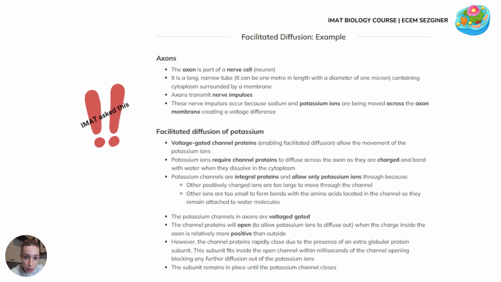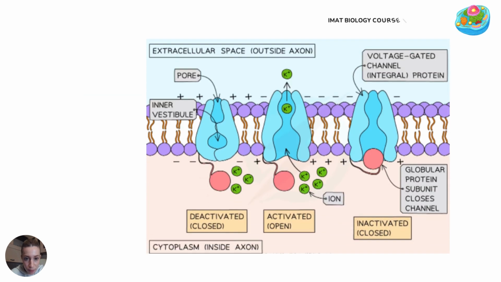So through the axon membrane, we have facilitated diffusion for sodium and potassium. And this is a representation of it. You can pause the video to check the image further.